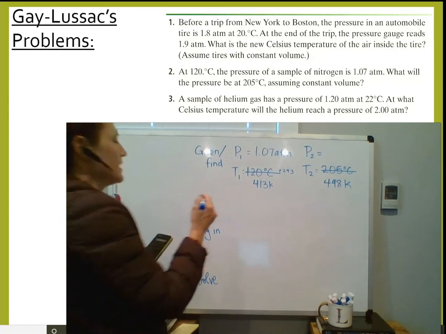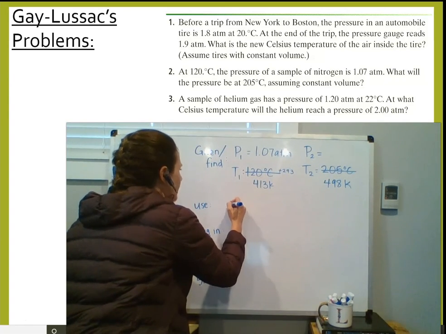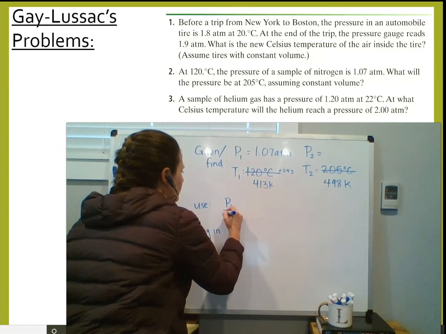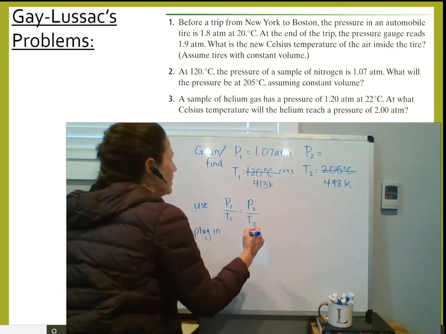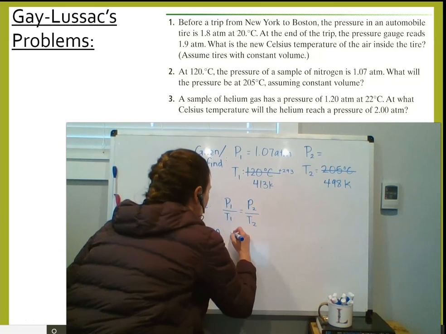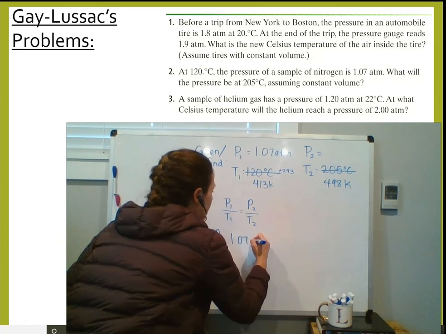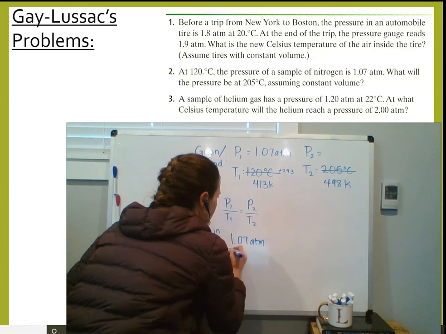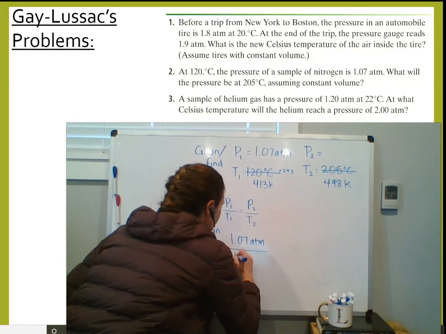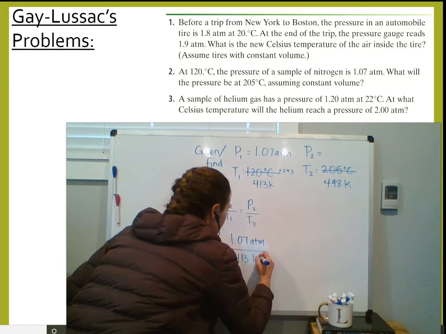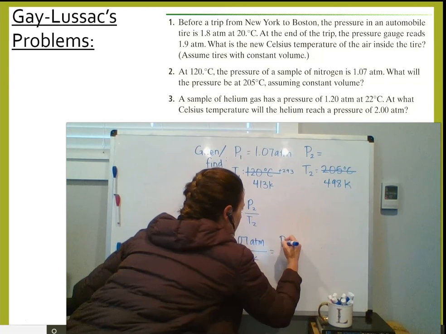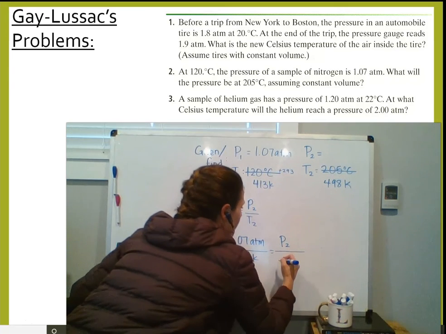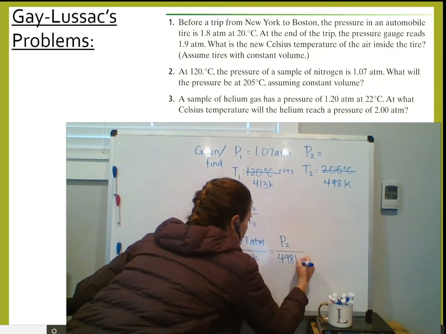So now I can plug that in. I have P1 over T1 equals P2 over T2. I end up with 1.07 atm divided by 413 Kelvin equals P2 divided by 498 Kelvin.